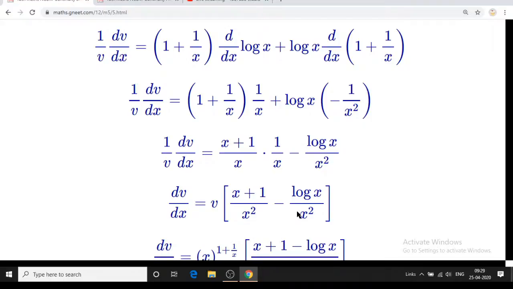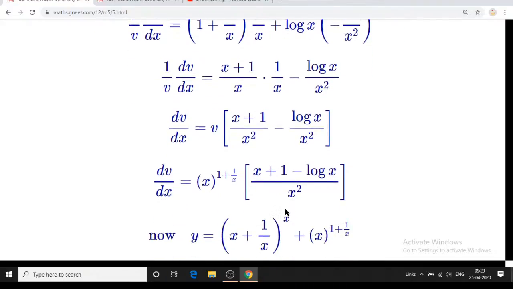Here is also x square. Now we can take the LCM as x square here, and we can write it as x plus 1 minus log x. So we have differentiated the second part and found the value of dv by dx.